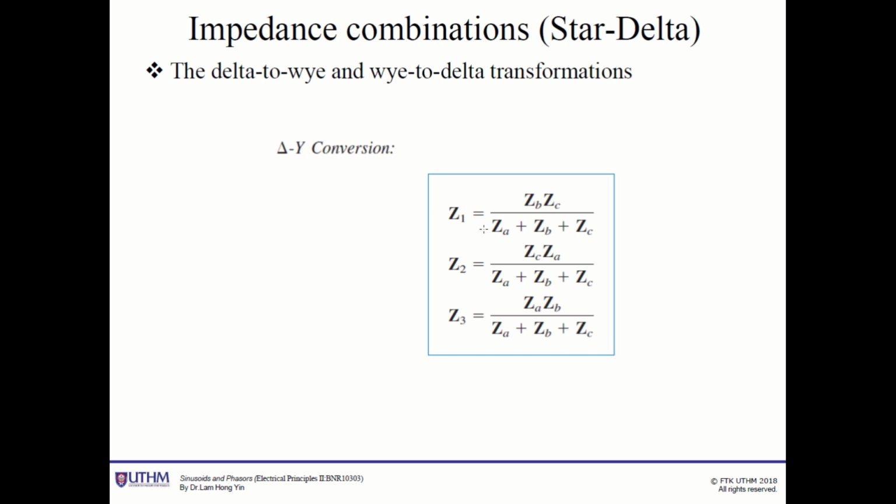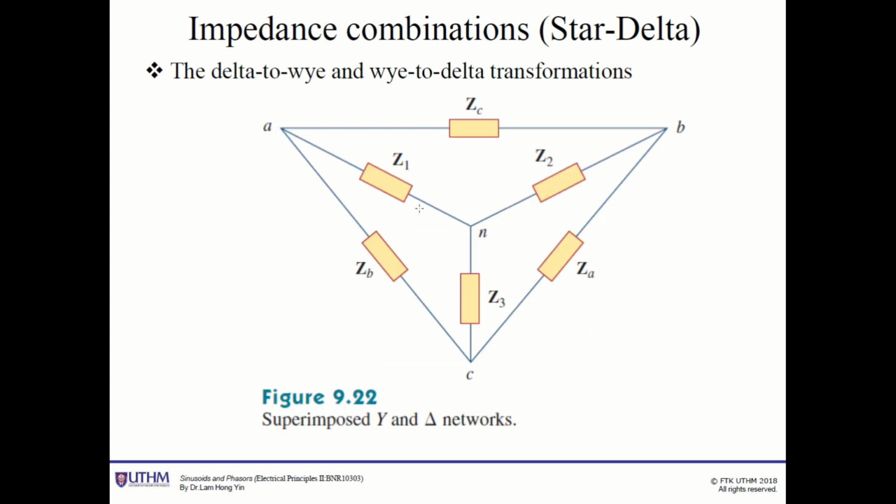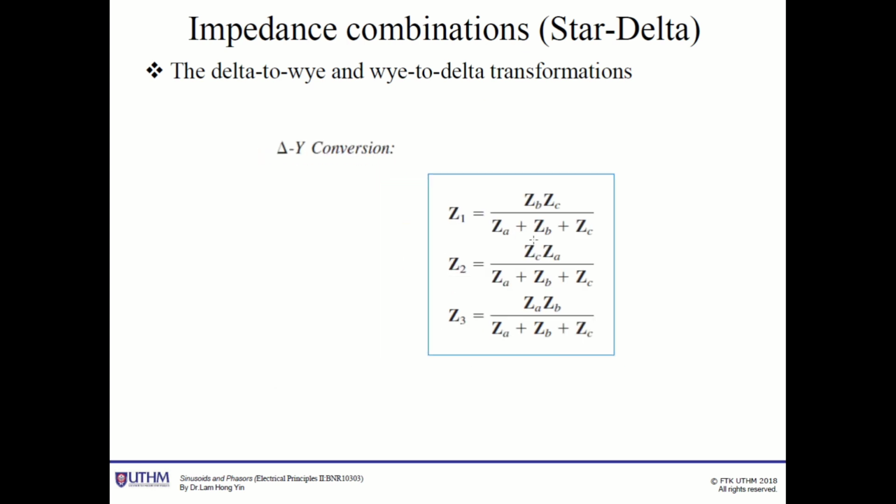The tip is, if you want to find Z1, the upper part is the elements on the left and right. So Z1 is equal to ZC times ZB divided by the sum of ZA, ZB, and ZC. I hope you understand the tip to remember the equation.